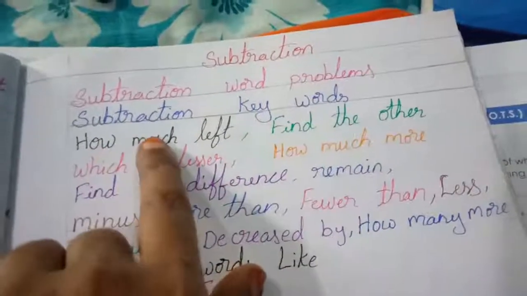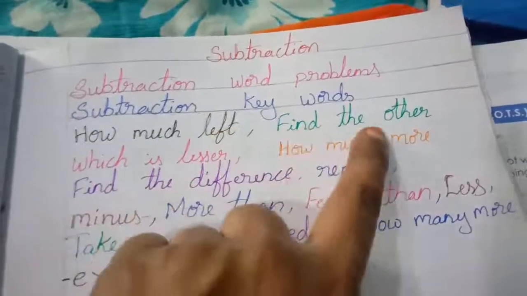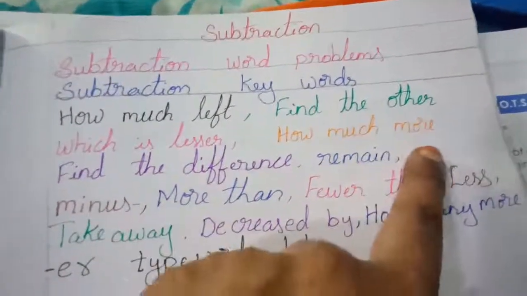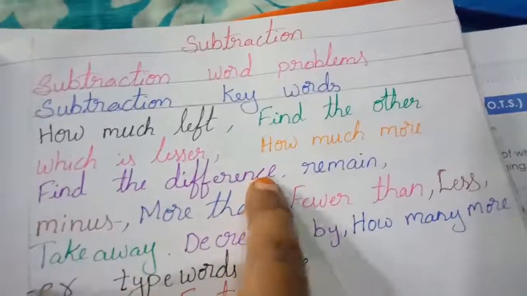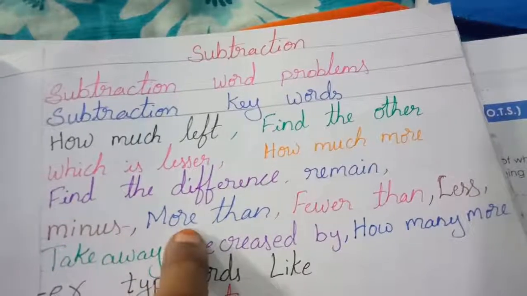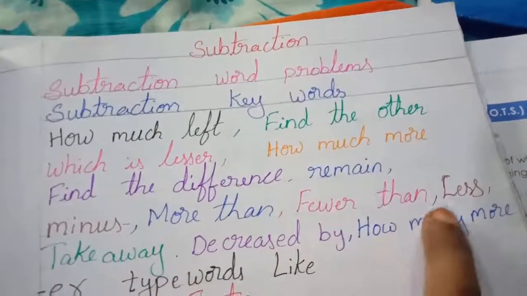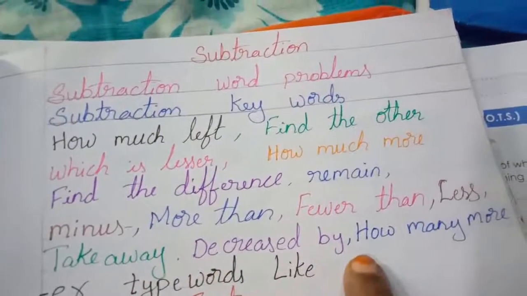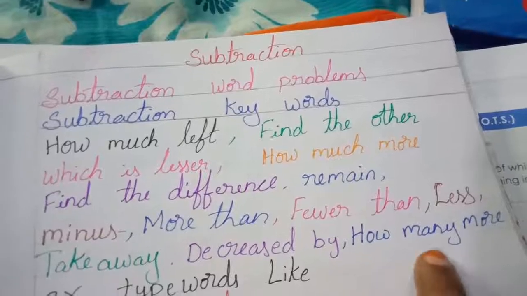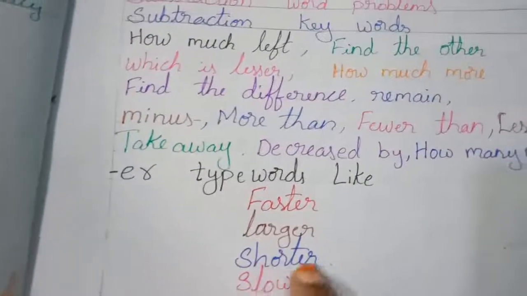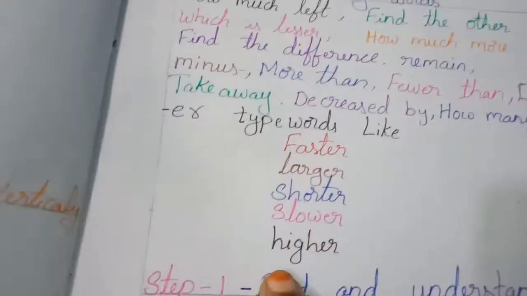Subtraction keywords: how much left, find the other, which is lesser, how much more, find the difference, remain, minus, more than, fewer than, less, take away, decrease by, how many more, and ER type words like faster, larger, shorter, slower, higher.